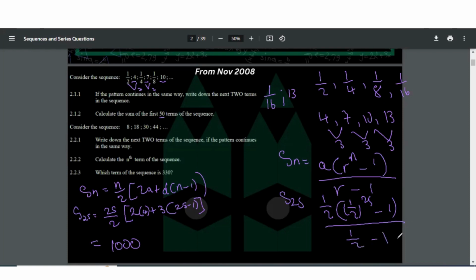So if you put that in the calculator, it's going to be 1 over 2 to the power of 25, minus 1, all divided by 1 over 2 minus 1.